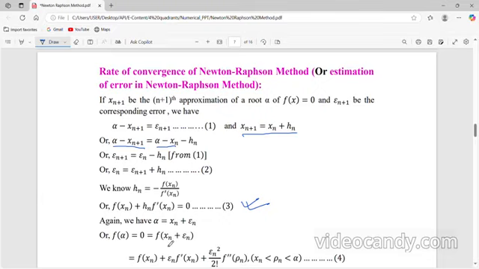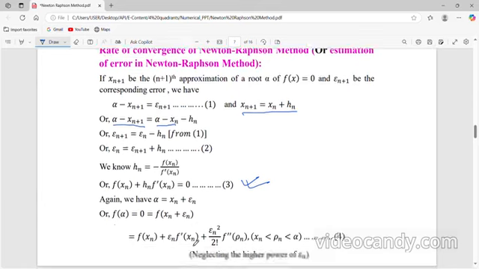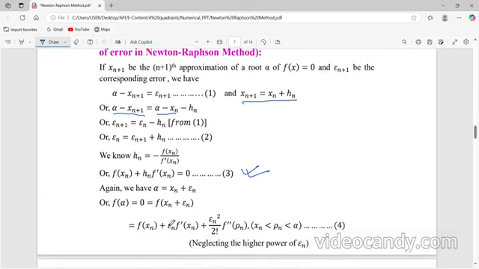That means f of xn plus epsilon n. After using the Taylor series expansion, f of xn plus epsilon n f dash xn plus epsilon n whole square by factorial 2 f double dash phi n, where phi n lies between xn and alpha, neglecting the higher order terms of epsilon n.